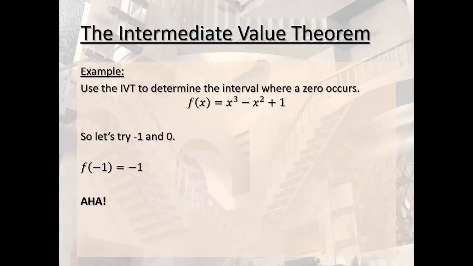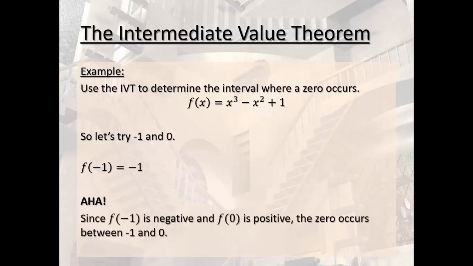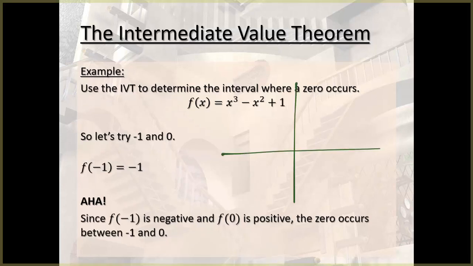Woohoo! That means that somewhere between -1 and 0, a 0 occurs. So graphically, somewhere between 0 and -1, somewhere in this region, the graph is going to cross, which is kind of helpful if you're trying to graph it.